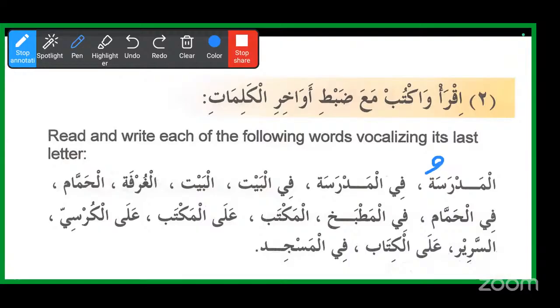المدرسة. في المدرسة. في البيت. الغرفة. الحمام. في الحمام. في المطبخ. الكتاب.